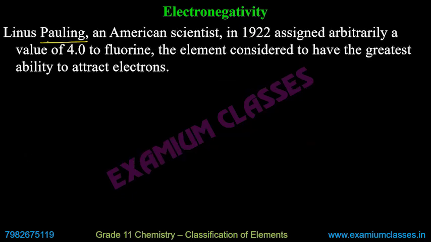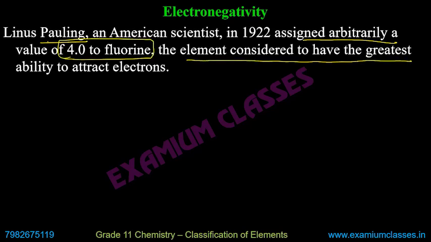He assigned an arbitrary value of 4 to fluorine, the element considered to have the greatest ability to attract electrons. So fluorine is the most electronegative element in the periodic table. That's why it has been assigned a value of 4.